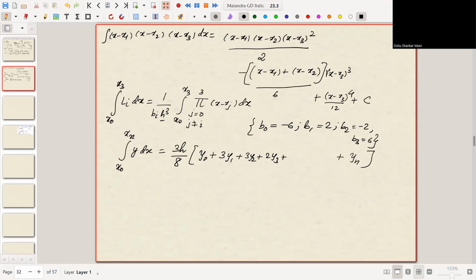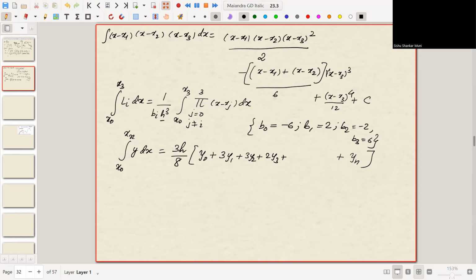Imagine those 4 points on the curve. First point, last point, you leave undisturbed. Y0 is there. Then you take 3 times y1, 3 times y2. Then the last point is 2 times y3. The pattern will follow if you take different bunches further; it doesn't stop there, there is yn also. Same pattern, 1, 3, 3, 2.